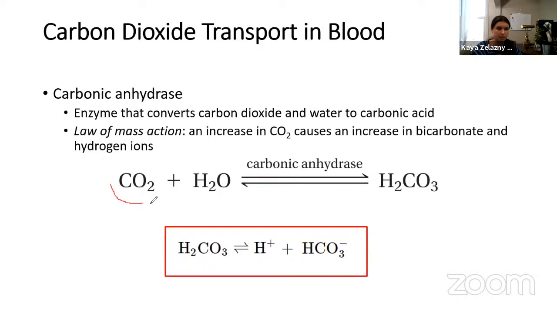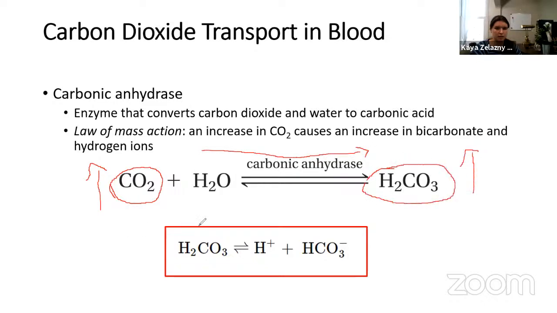If we increase carbon dioxide, this pushes the equation to the right, so it's going to increase our carbonic acid. And if we go to the bottom, increasing this carbonic acid increases our bicarbonate and hydrogen ions.